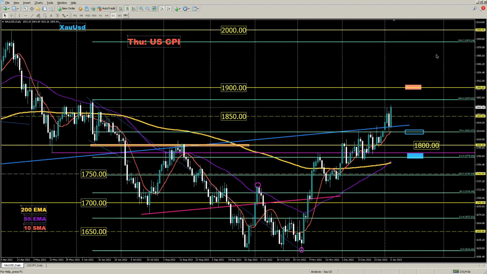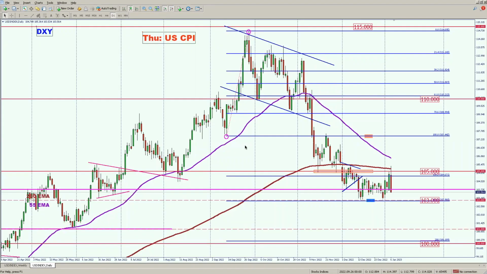Okay, so let's also take a look at the DXY in more detail. All right, so here's the DXY daily chart, and it has been consolidating between the 138 and the 162 fib extension of this reversal move.